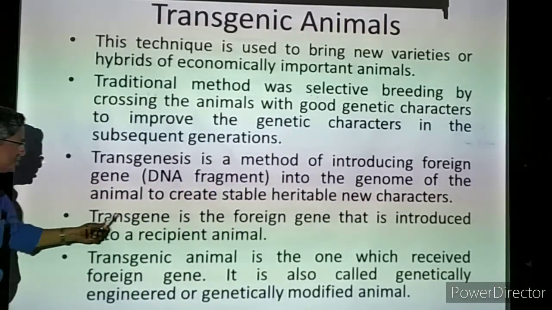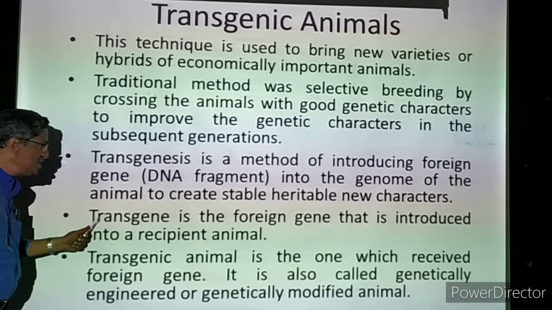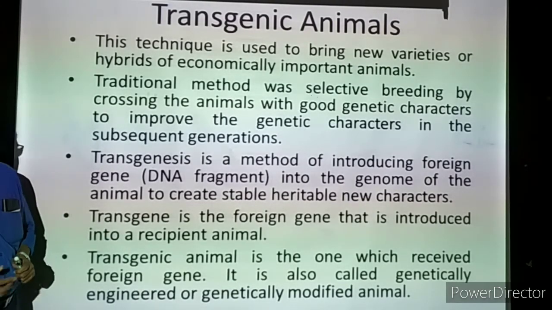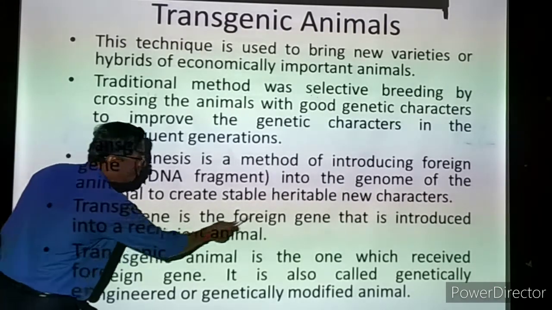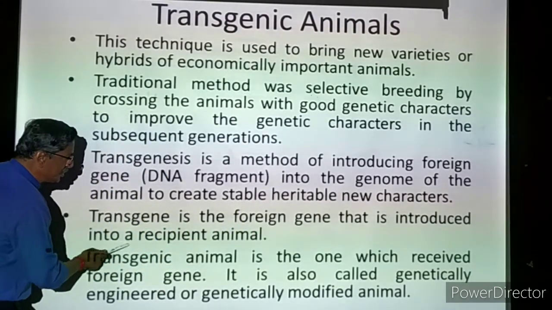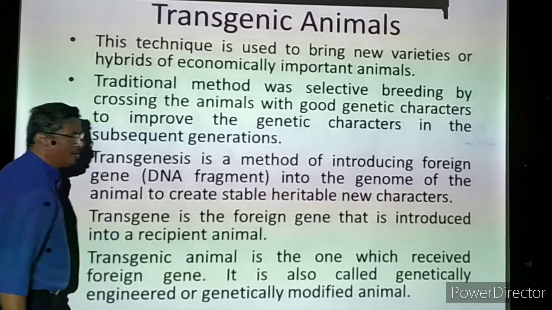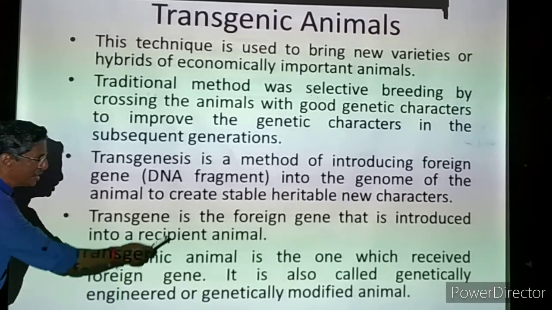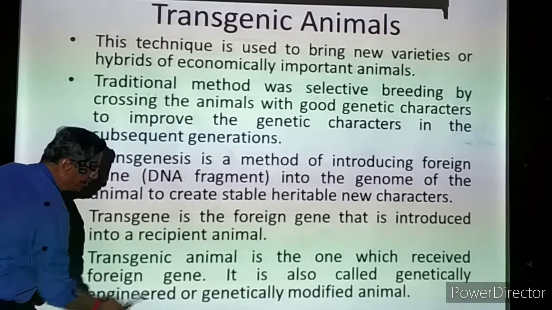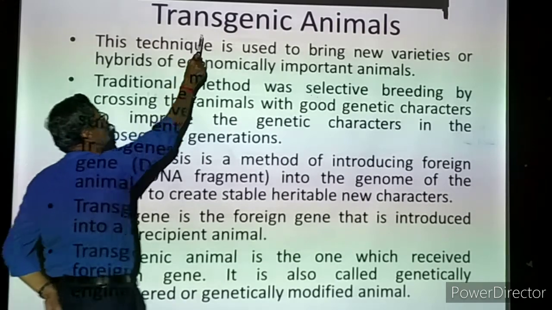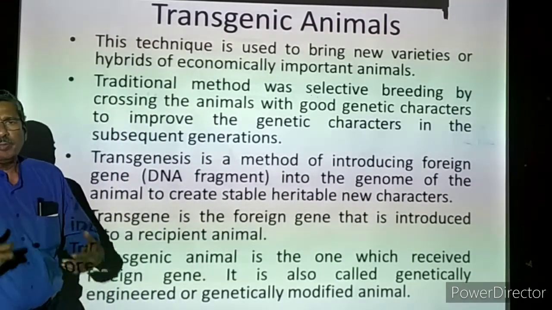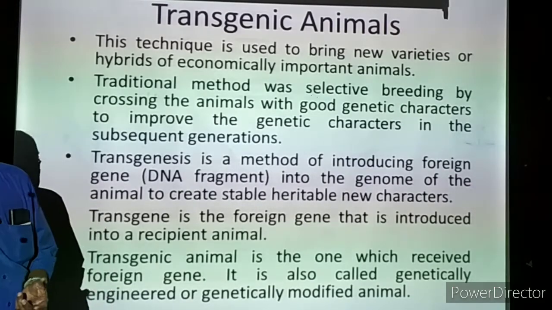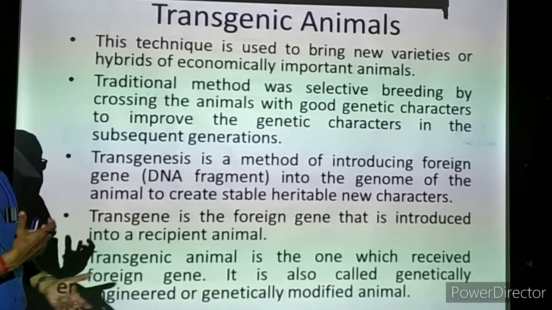Okay, we have to know what the meaning of transgene is. It is the foreign gene which is taken from another organism, an entirely different species. Transgene is the foreign gene that is introduced into the recipient animal, given to one particular animal. Then a transgenic animal is the one which received the foreign gene. It is a cattle, or it may be any other economically important animal, but it has received the foreign gene. Foreign gene does not mean coming from some foreign country.